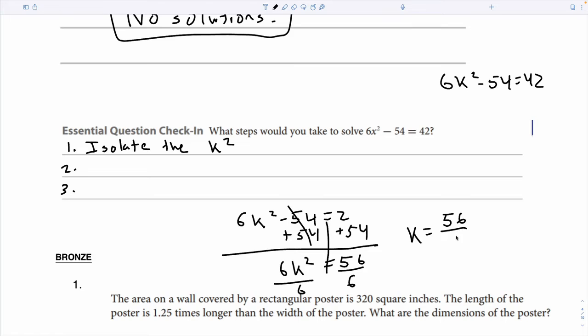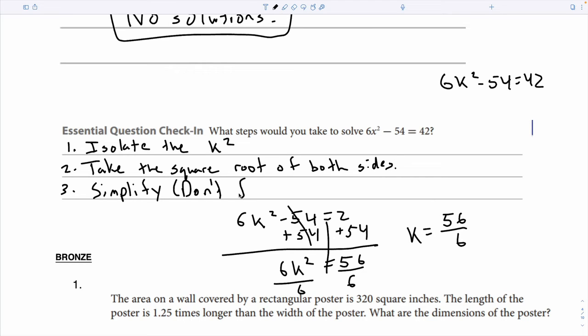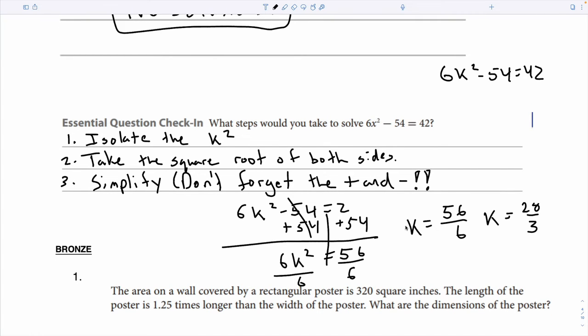Six times. Yay! Thought I was doing something wrong. It's 90. 96.